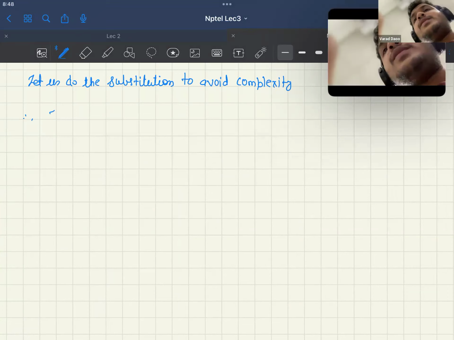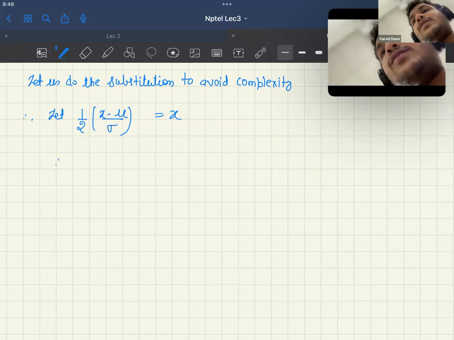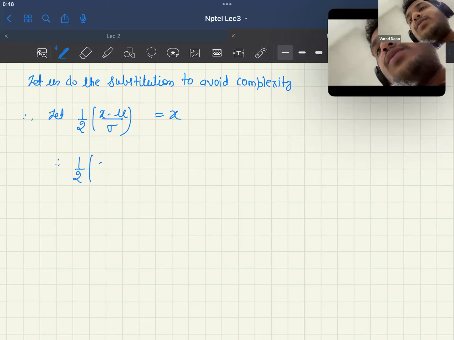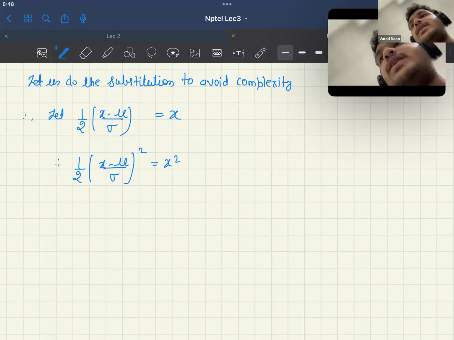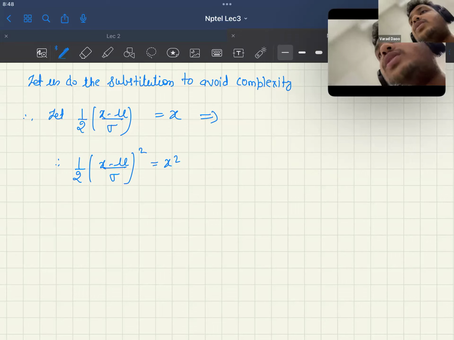Therefore, let 1 by root 2 (x minus mu by sigma) equal to some variable. Then 1 by 2 (x minus mu by sigma) square is going to be that variable squared. And this is also going to tell us what dx is, so we take the derivative on both sides.